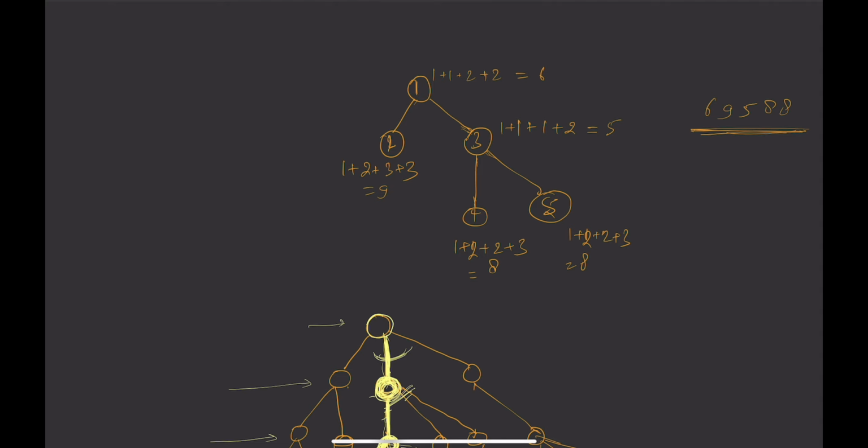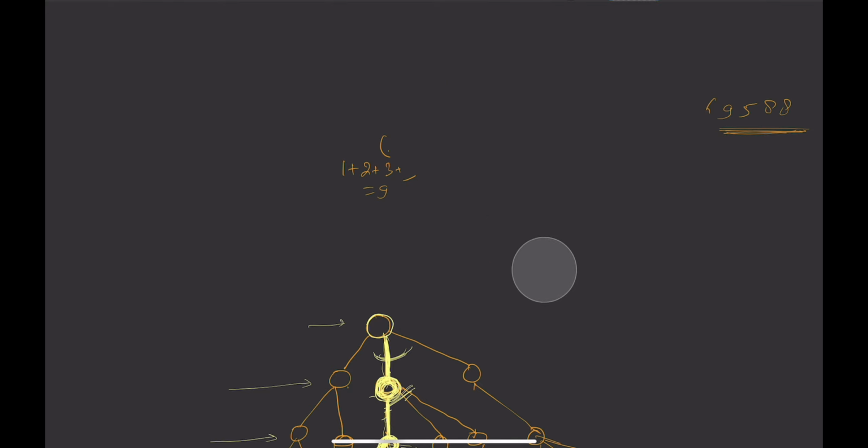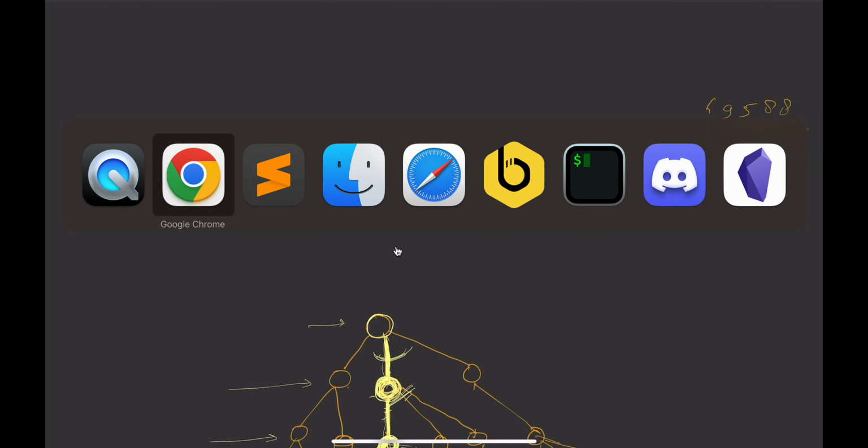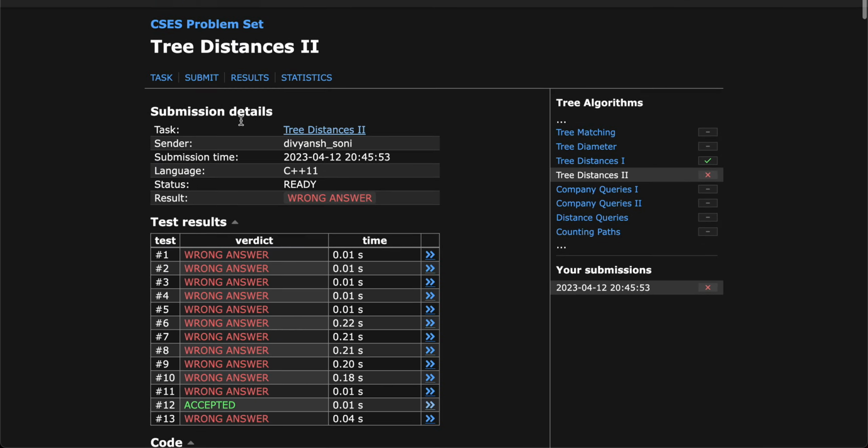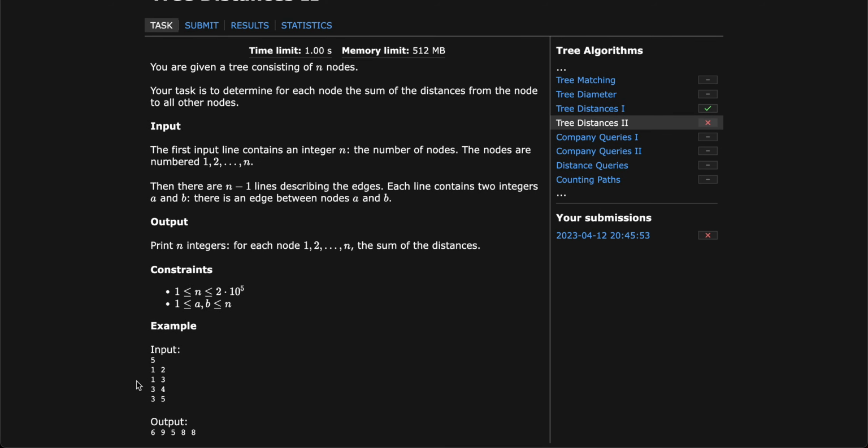What were the values that we had put for this one? Let's try to find. 1 and 2, and 1 and 3, 3 and 4, 3 and 5.